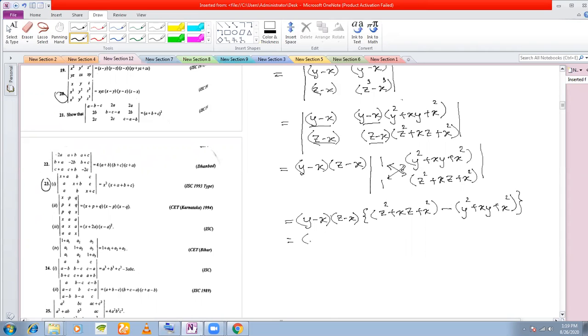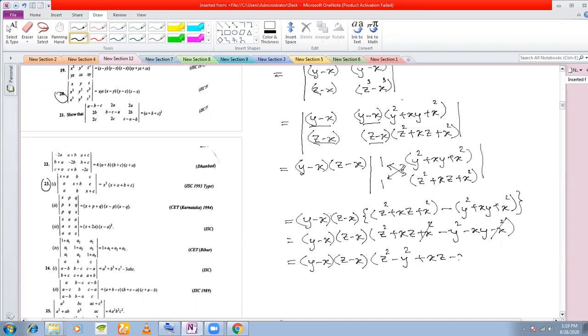Open the brackets: z square plus xz plus x square minus y square minus xy minus x square. So what happens? Which one cancels? X square cancels. Fine. So you get y minus x, z minus x, and you take z square minus y square together, and xz minus xy together.